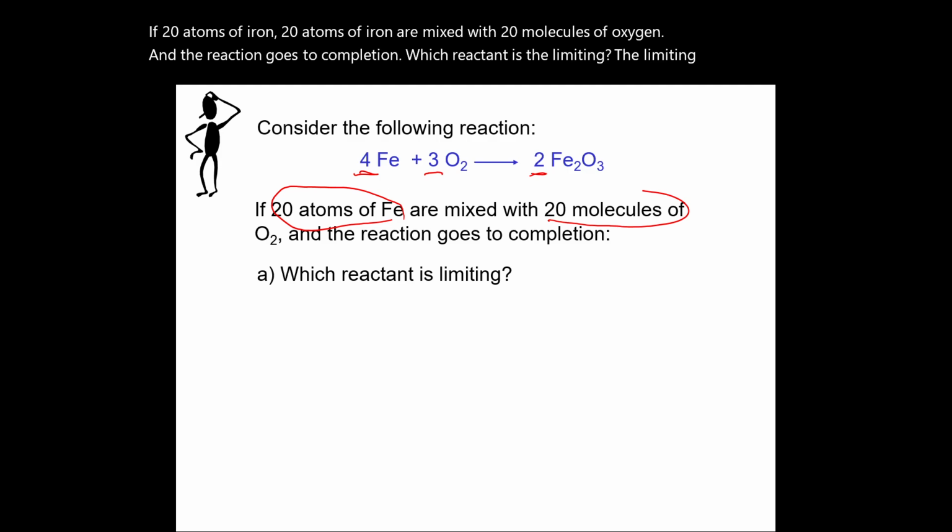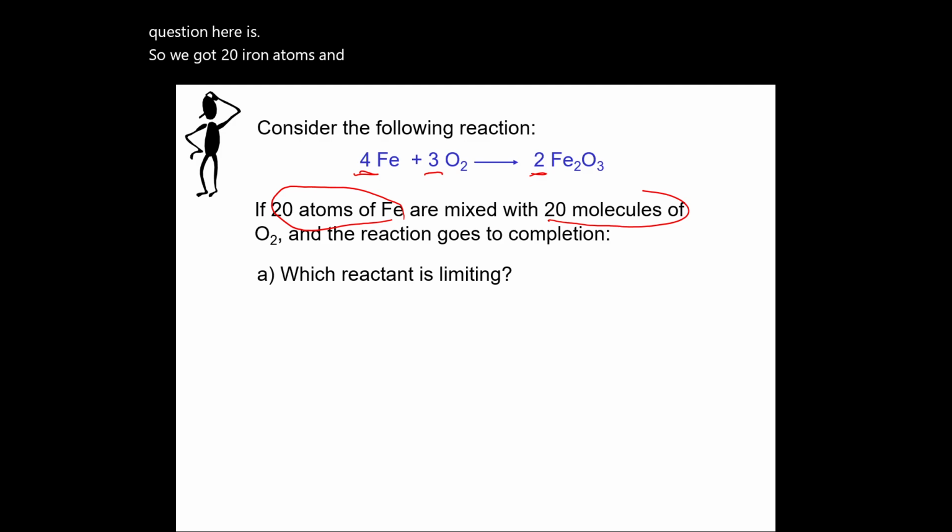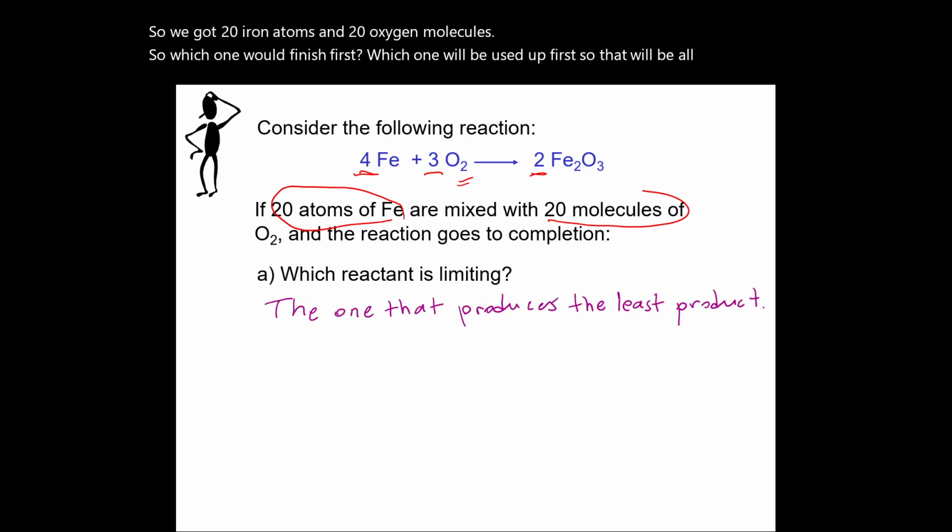So we have 20 iron atoms and 20 oxygen molecules. Which one will be used up first? That will be our limiting reagent.